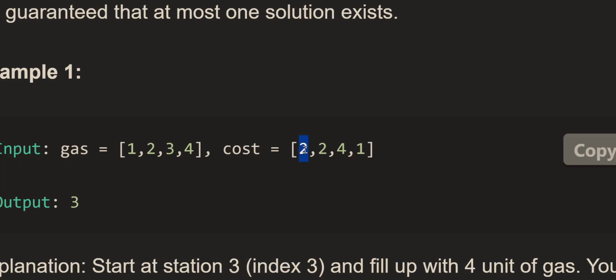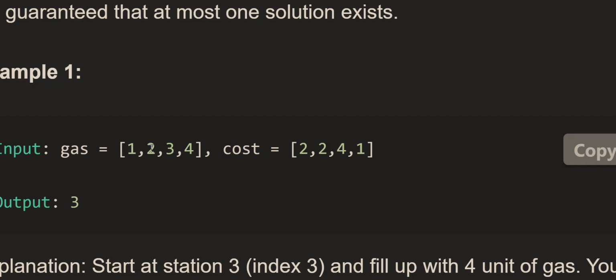And when I say money, it could actually just be the cost of gas it takes to go to the next gas station. So to go to this first index, it will cost me 2 units of gas. So starting from this one where I had 3, I will have 1 unit plus this 1, so I will be at 2.